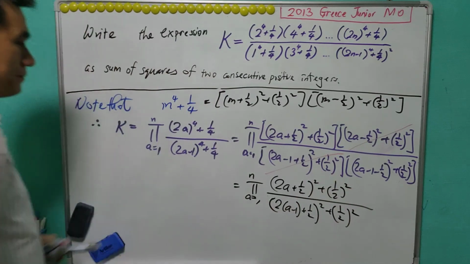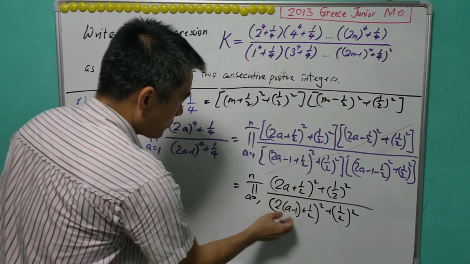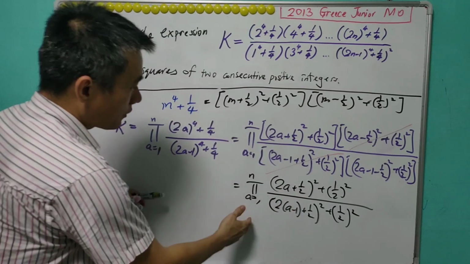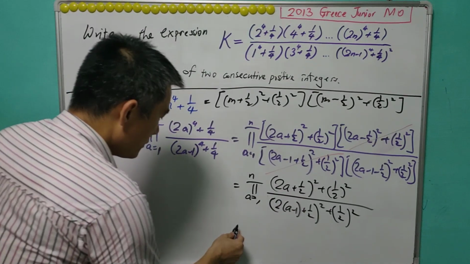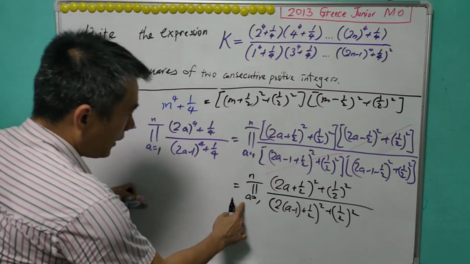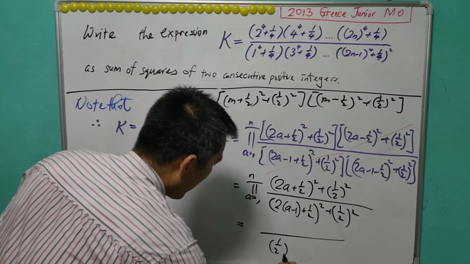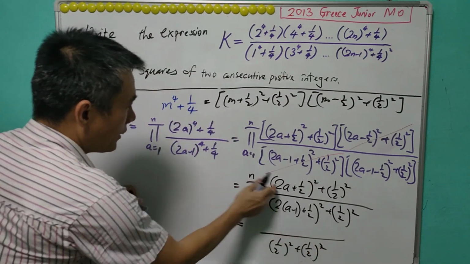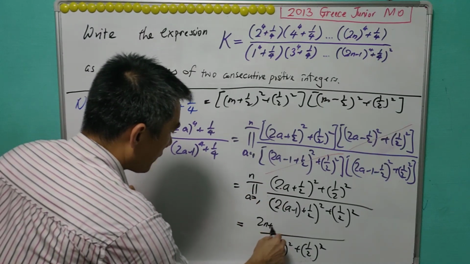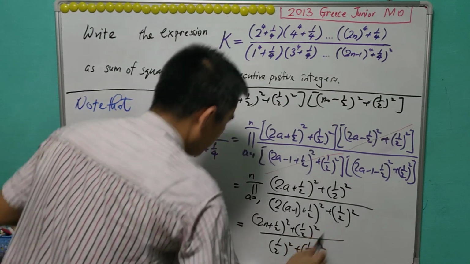So they are exactly the same, and they have exactly the same form. After you write it, most of the terms can be cancelled off except the first one and the last one. The first one will be when a equals 0, that will be half squared plus half squared. When a equals n, then you have (2n plus half) squared plus half squared.